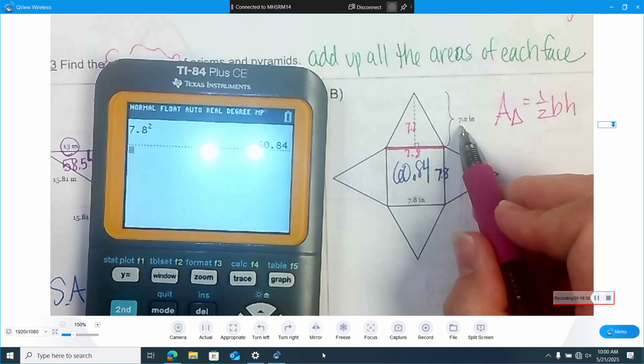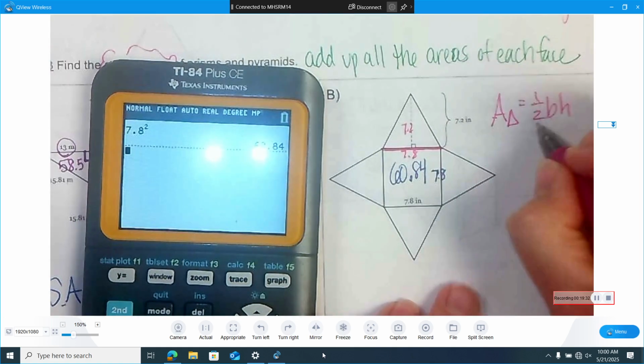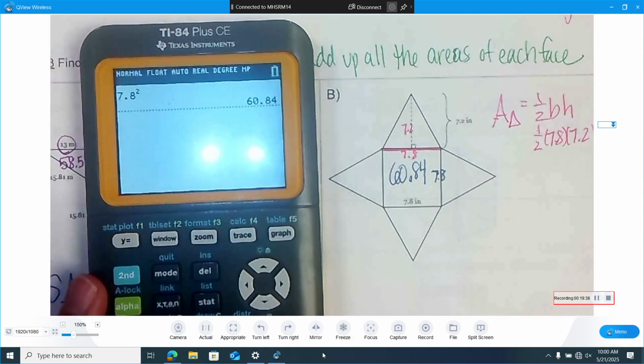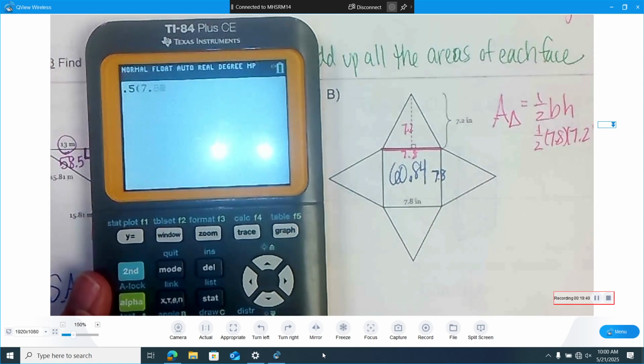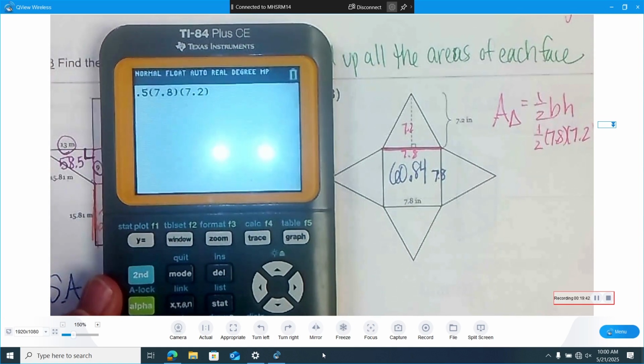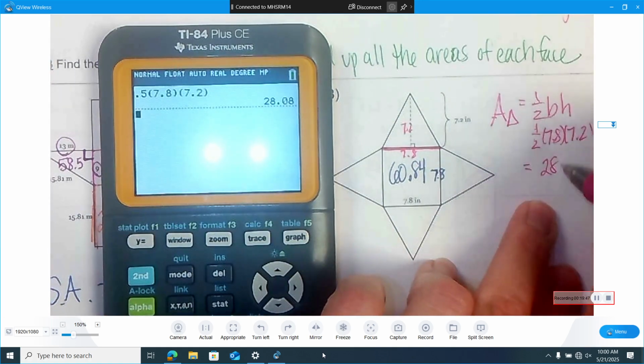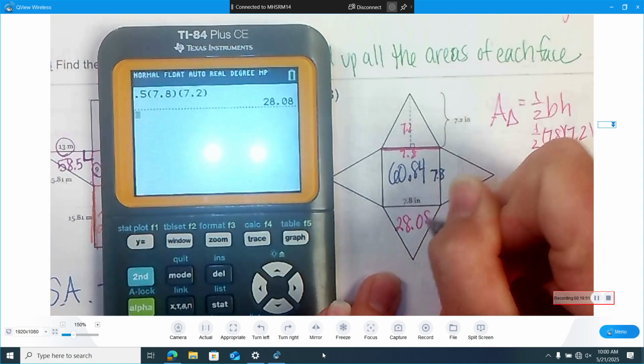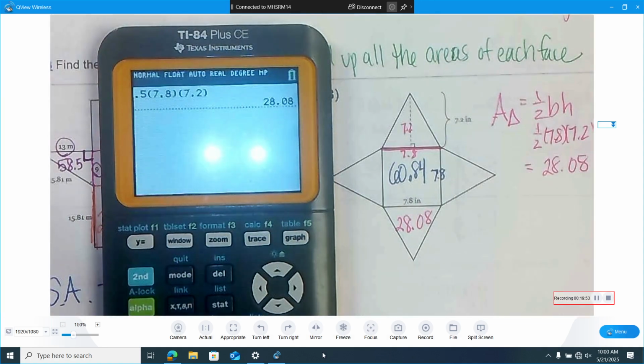And they've labeled it to the side here. So 1/2 times 7.8 times 7.2 will give me the area of one of them. So 0.5 times 7.8 times 7.2, and I get 28.08. And that's what each of these triangles is.